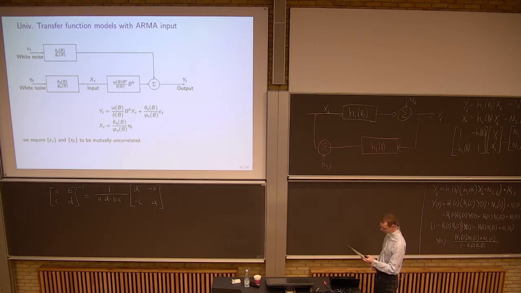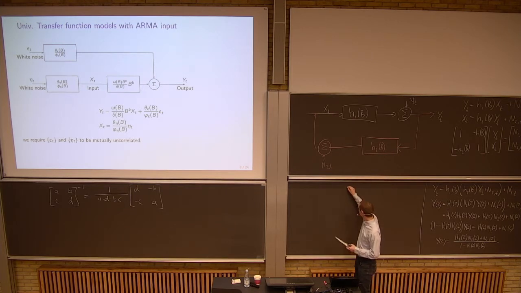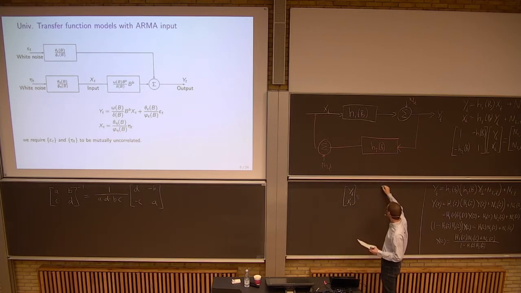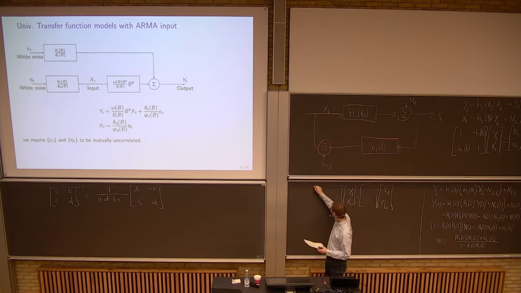If we define the state, similar to what we did up there, then we have yt and xt, and then we have, in the same order, epsilon t and eta t, and then we need to figure out what goes where.